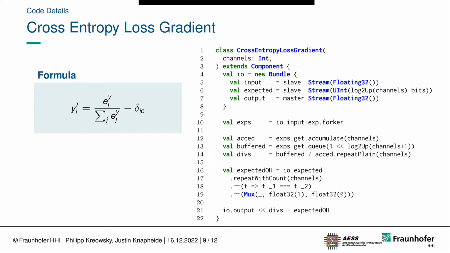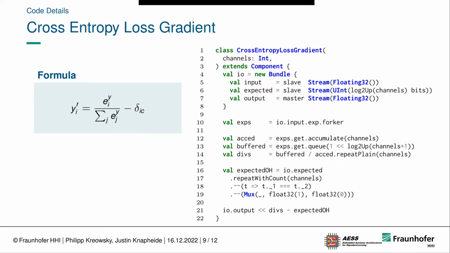As you can see, it takes inputs and outputs as stream interfaces. So input is y, expected is c, and output is y prime. The stream interface allows us to write this formula out in a very straightforward way.